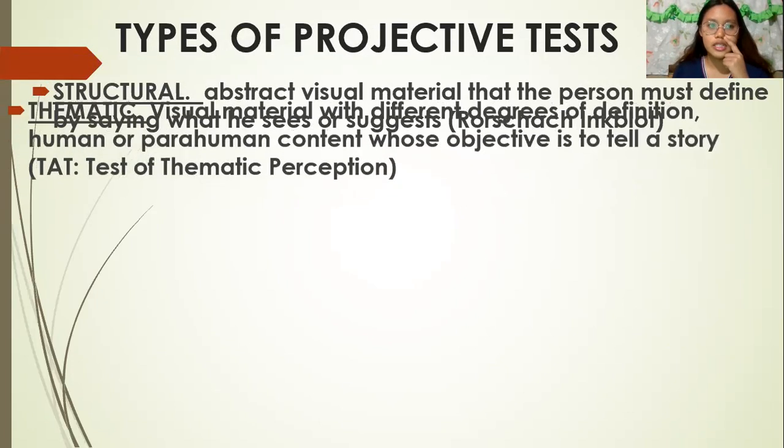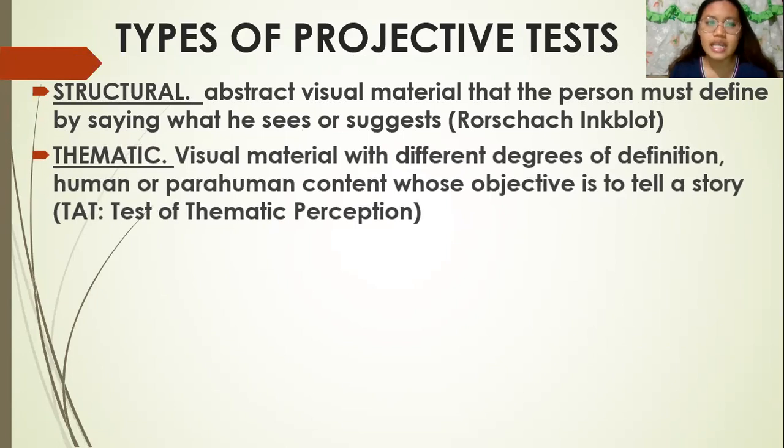The second one is the thematic. It is also a visual material with different degrees of definition, human or para-human content, whose objective is to tell a story, or the TAT, test of thematic perception, also called the Thematic Apperception Test.